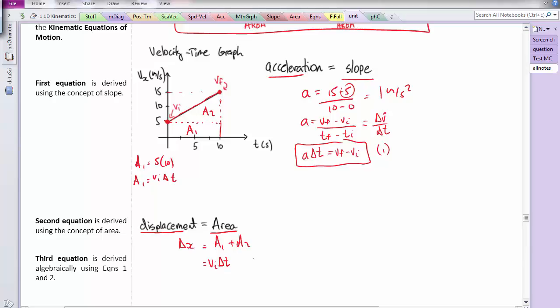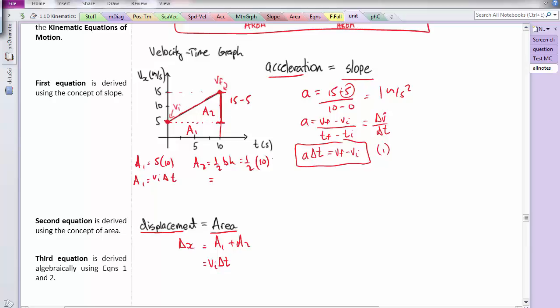Let's do the same thing for area 2. Area 2 is 1/2 base times height, which is 1/2 times the base of 10, and the height is this value right here, which is 15 minus 5.